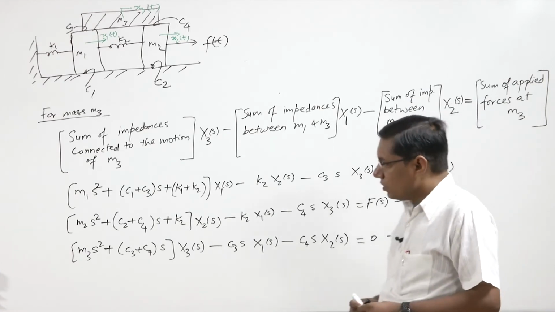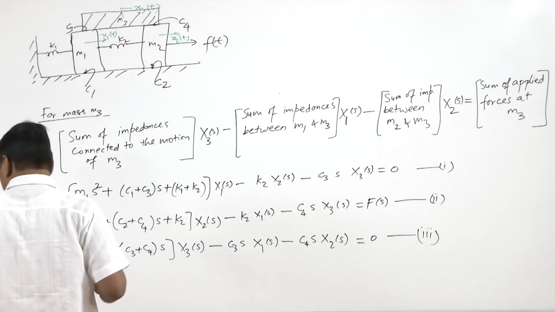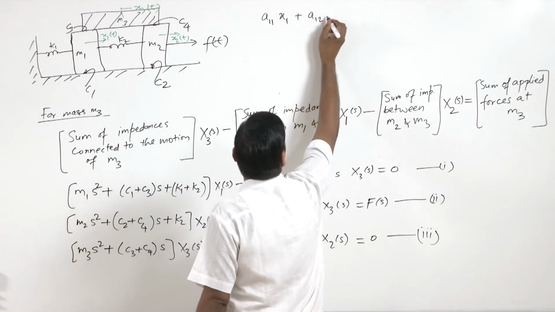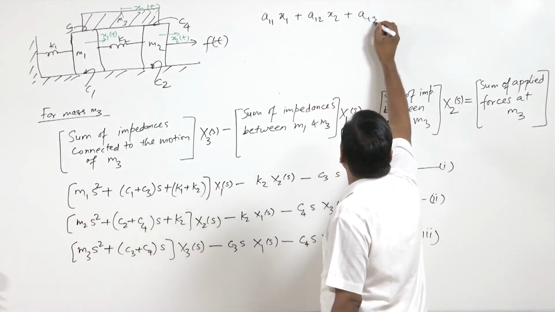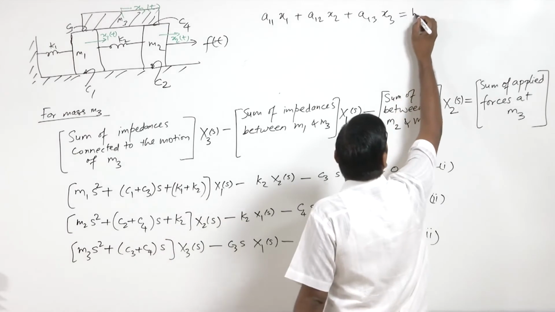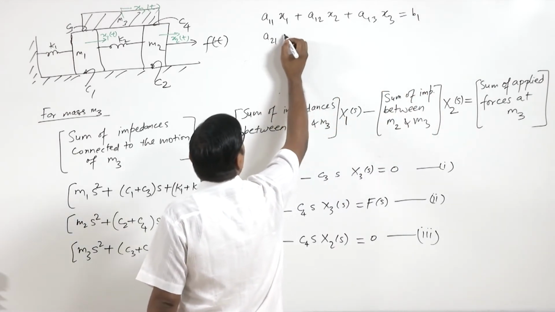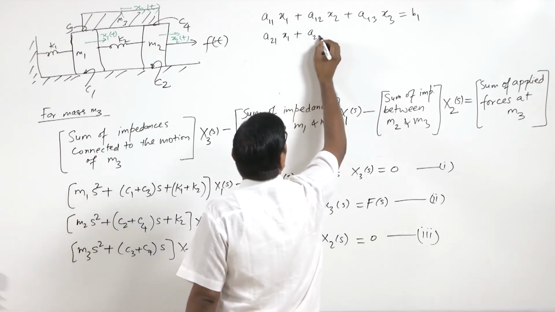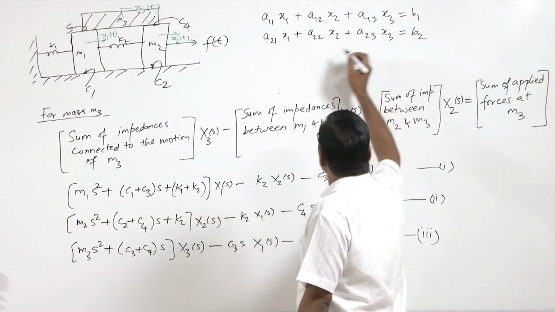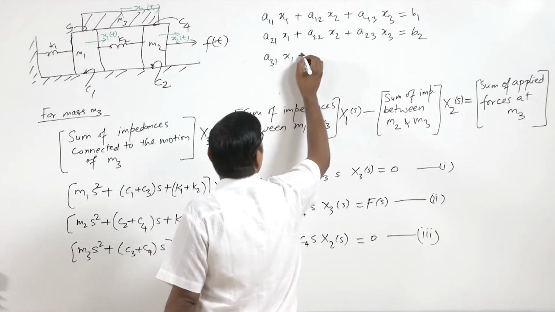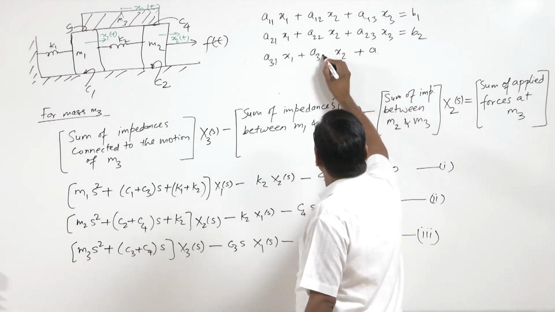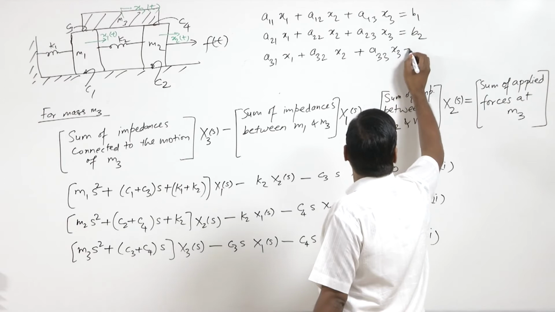And these three equations are of this form. A11 x1 plus A12 x2 plus A13 x3 equal to B1, and A21 x1 plus A22 x2 plus A23 x3 equal to B2, and A31 x1 plus A32 x2 plus A33 x3 equal to B3.